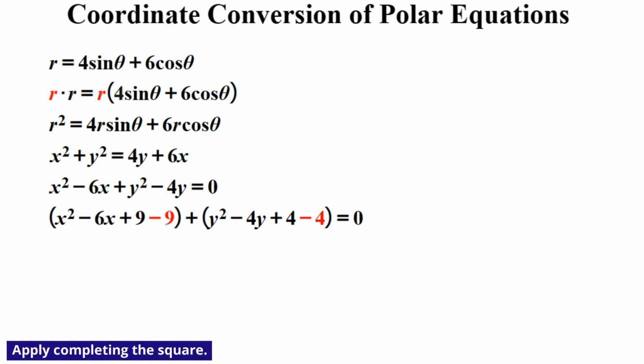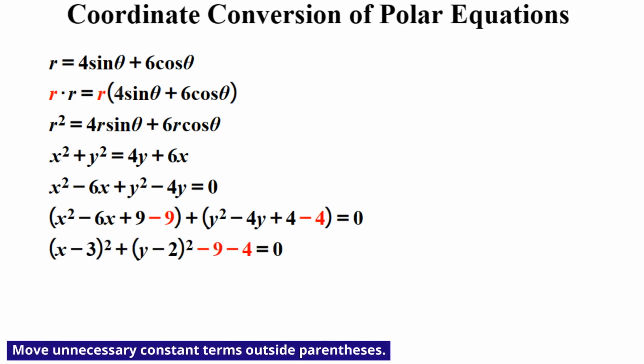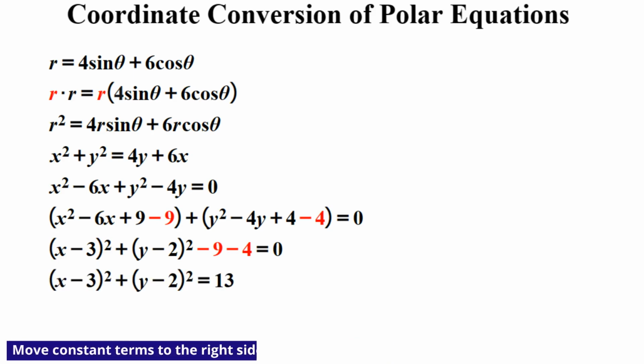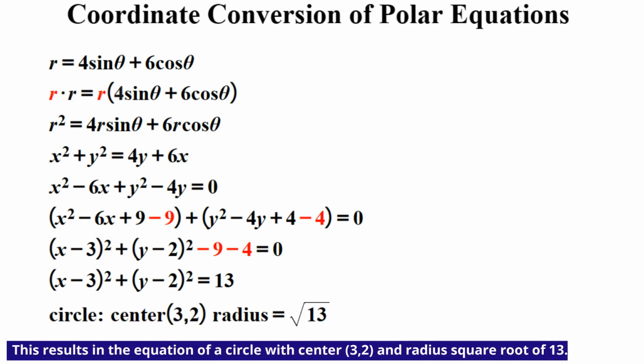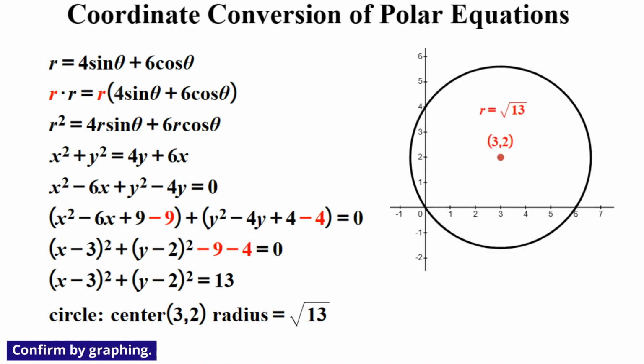Apply completing the square. Move unnecessary constant terms outside parentheses. Move constant terms to the right side. This results in the equation of a circle with center 3, 2, and radius square root of 13. Confirm by graphing.